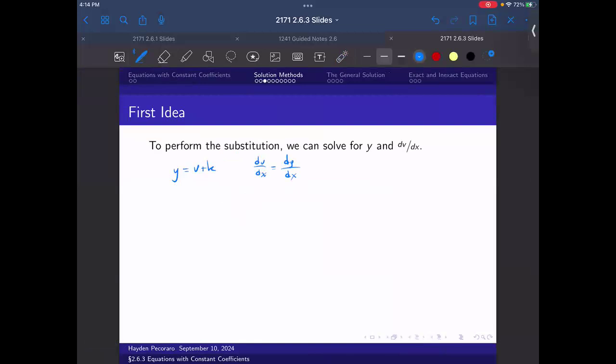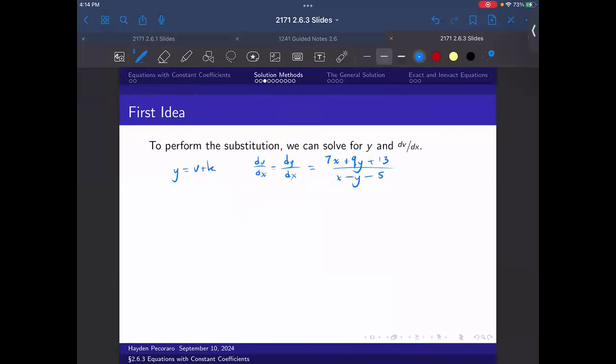So let's see what happens here as we go through this. dy/dx, we know, is this rational function in y and x minus y minus 5.